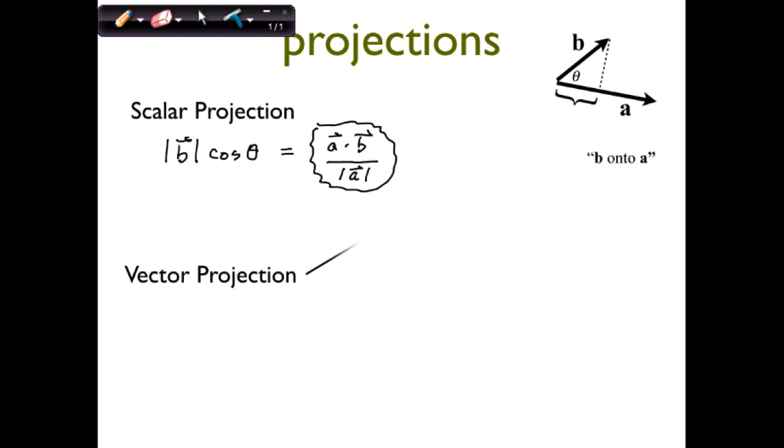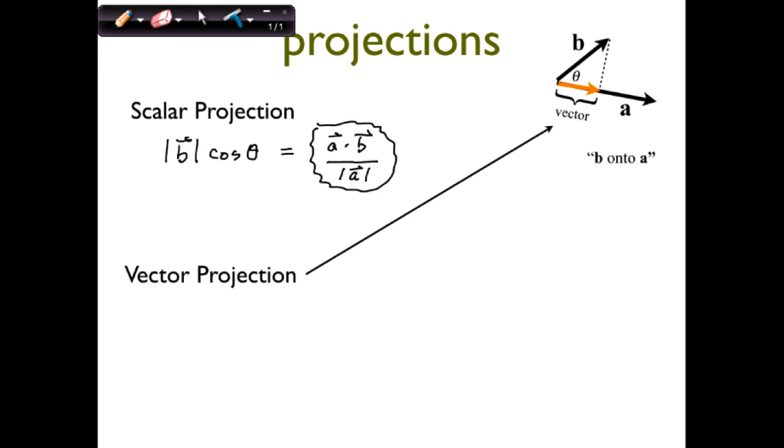What about the vector projection? Well, the vector projection would be that vector, what I'm showing in gold there. This is a little more challenging, but we can still do it based on what we know so far. Can you define that vector right there? Any ideas? You have all the tools.